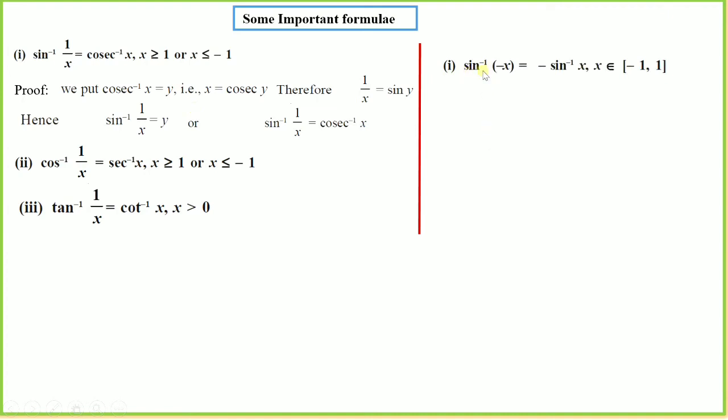Another set of formulae is something like this: sine of minus theta is equal to minus sine theta. But here, as per the principal branch we had, sine inverse, cosec inverse and tan inverse we will keep on one side, and cos inverse, sec inverse and cot inverse we will keep on the other side.